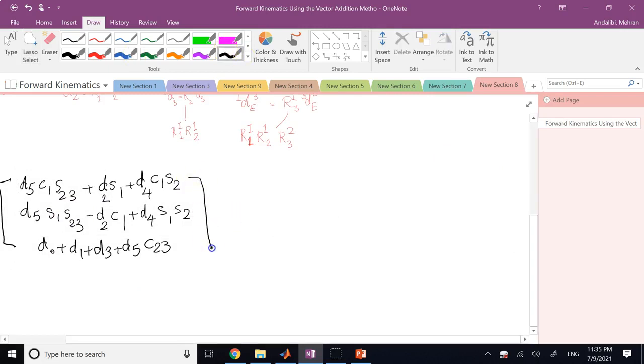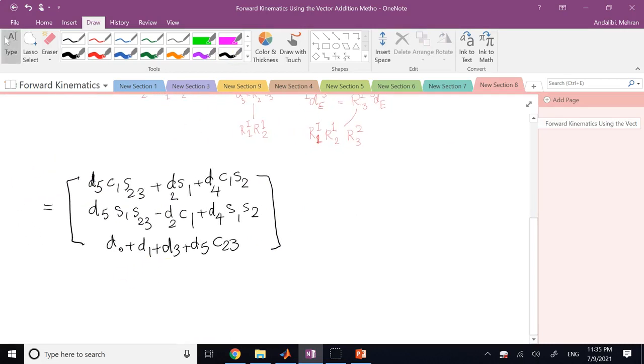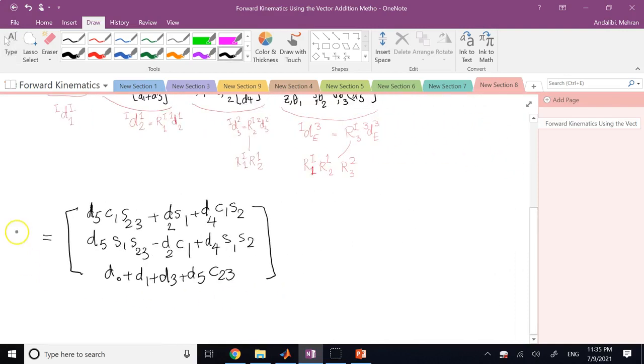You're really good with algebra, correct, and linear algebra, of course. And this is my d of the end effector with respect to base as written in base.